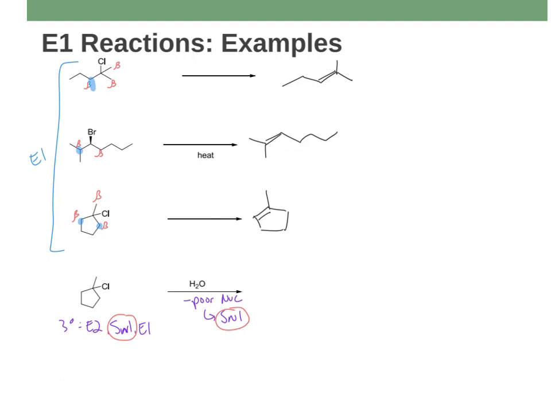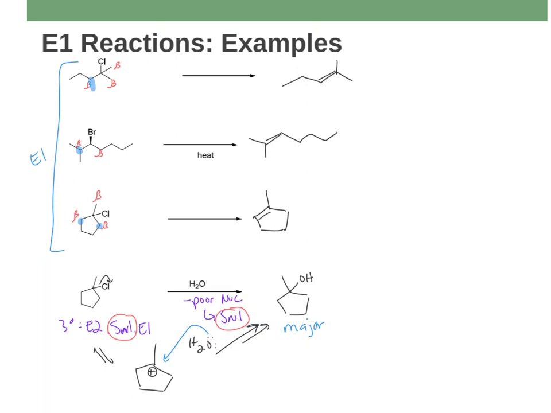Your chlorine's going to leave, you're going to get a carbocation, and now your water can add to this to give you your product. After two steps, water adds, then the H leaves. I'm skipping that step just to show the product here. So you'd expect this to be your major product.